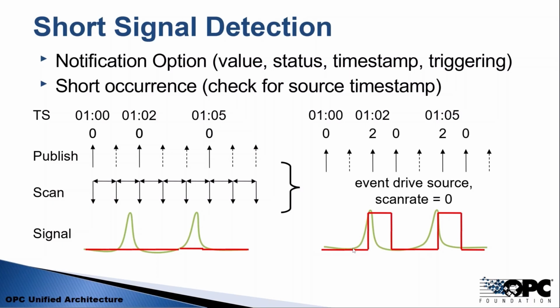Whenever the data is changed in the source, the source is notifying the server, and the server is then packing that into the publish response and sending it to the client. And then we have replicated the information again, including, of course, the preservation of the original timestamp at the source.